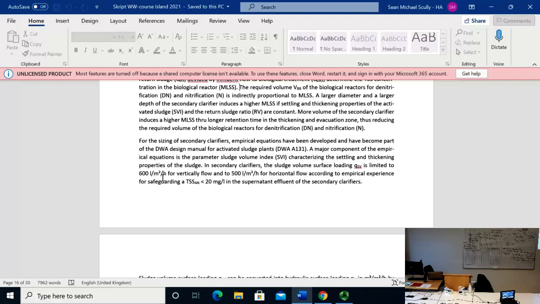Okay, so we calculated the concentration, we calculated the required diameter, so what about the depth?